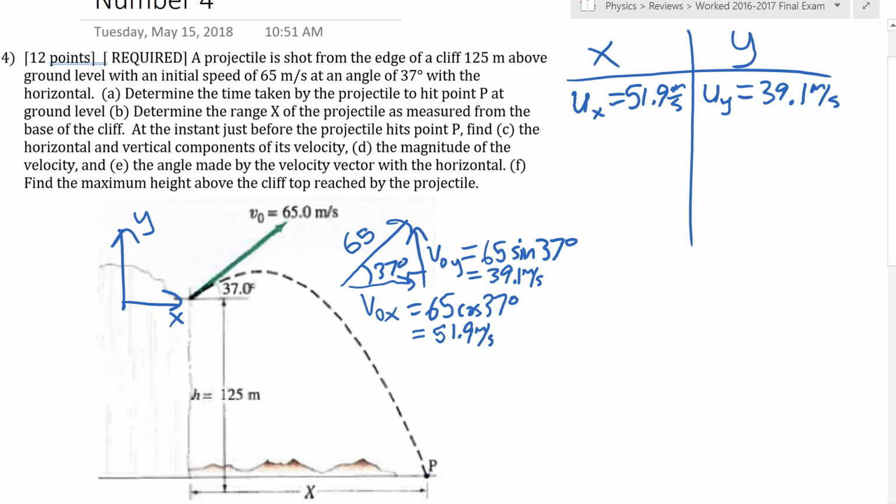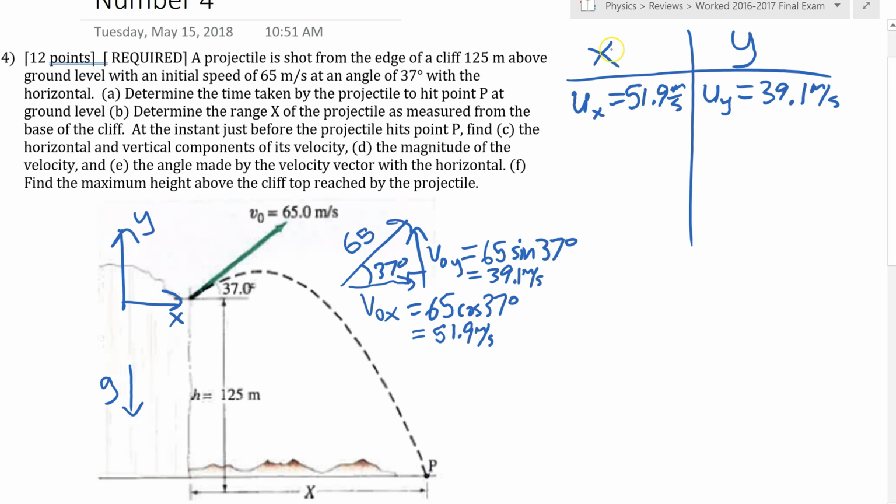meters per second. In the x direction, we also know that if it's projectile motion and the ground is horizontal, which you can always assume unless they state otherwise, then gravity only acts straight down in the negative y direction. So there's no forces pushing left and right, so there's no acceleration left and right.